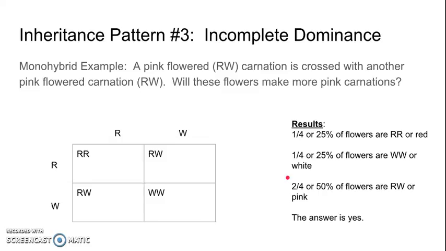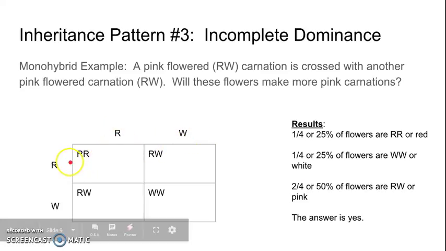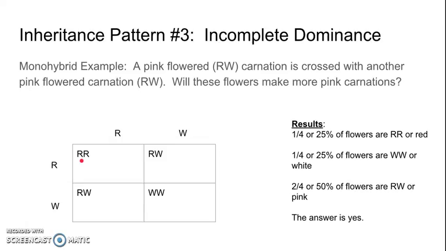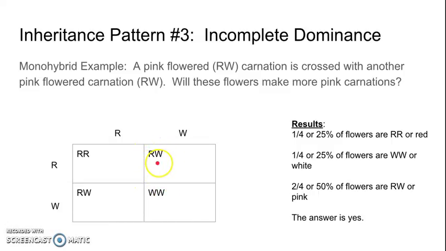So, again, Punnett square is the same. We just separate our R and our W, and we do that on both sides. And we see here that when we cross two pink flowers, we can get one of every color, possibly. And we have here an RR, we have WW, and then of course we do get RW.